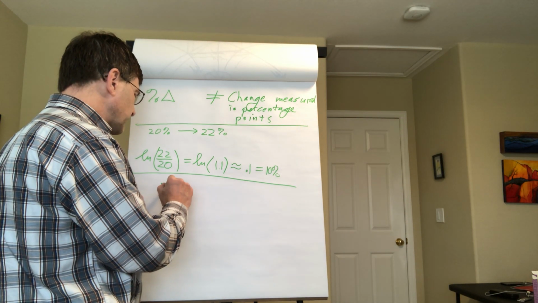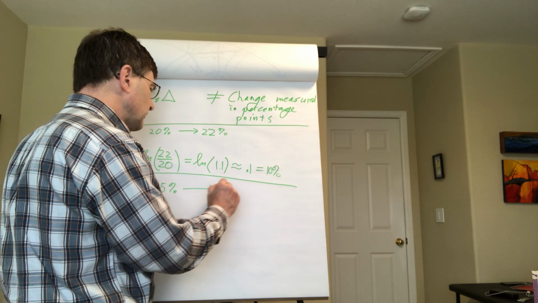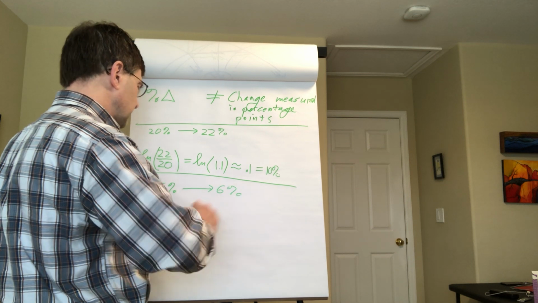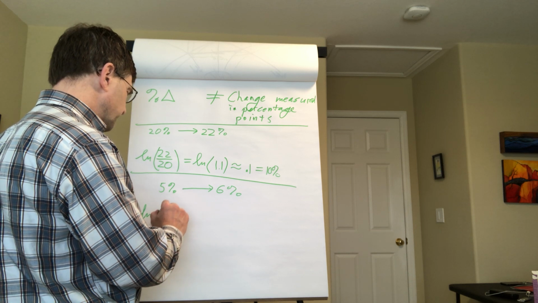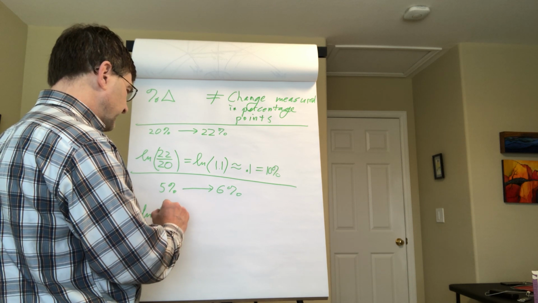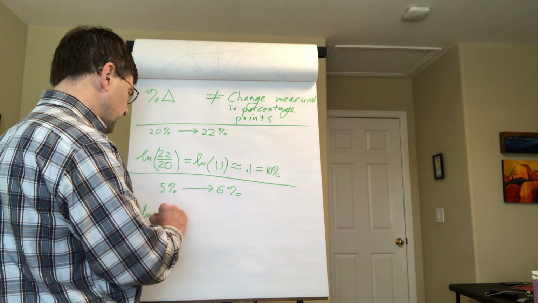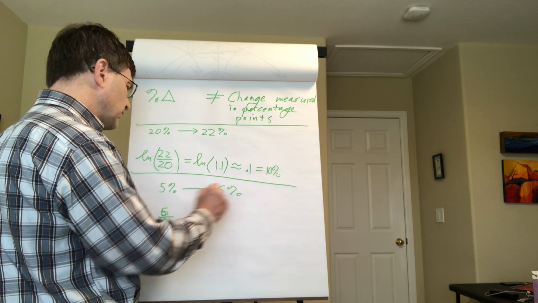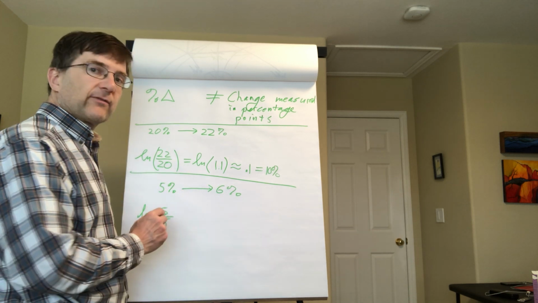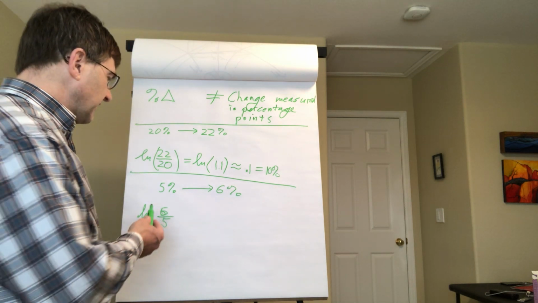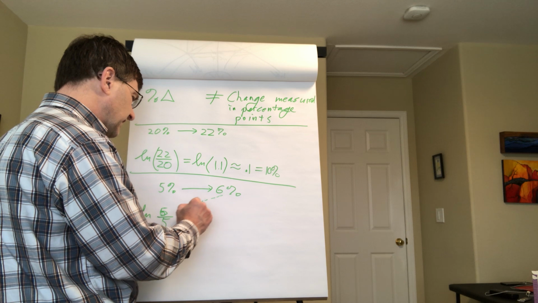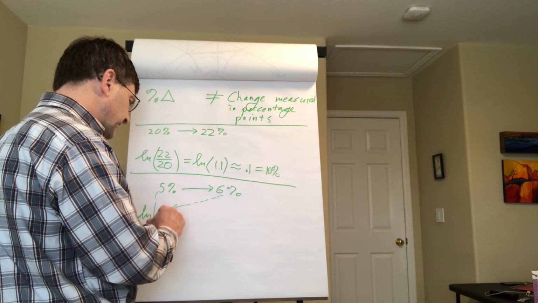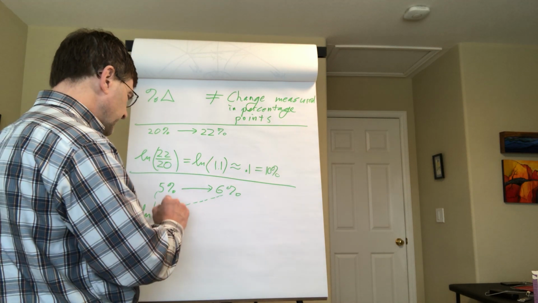Change from 5% to 6%. Then we do log of 6/5. You take the thing you're going to divided by the thing you're going from. Notice I almost made a mistake there, but the "to" thing goes on top and the "from" thing goes on the bottom.